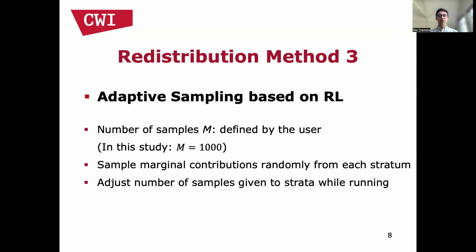And it uses a reinforcement learning technique to adjust the number of samples given to the strata while running. So this method can approximate the Shapley value quite well, but the number of samples required can grow fast as the community size increases. So it has the largest time complexity of the three methods.